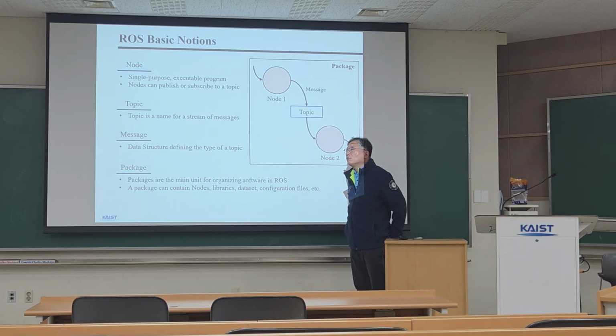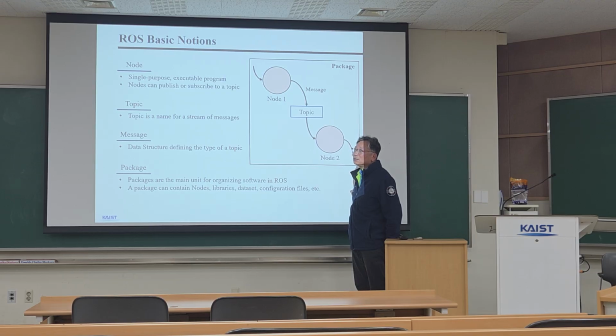I think we all had ROS, so I'm sure that you're familiar with these notions. ROS is built upon a thing called package, okay? And the package has nodes. A node is like a program.